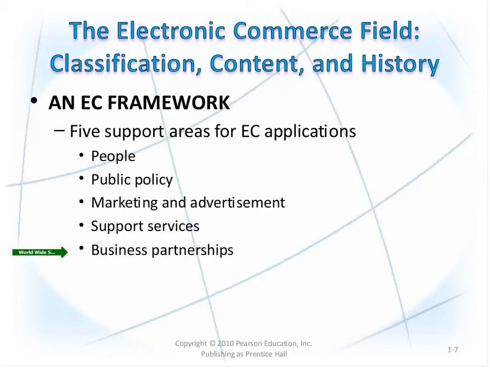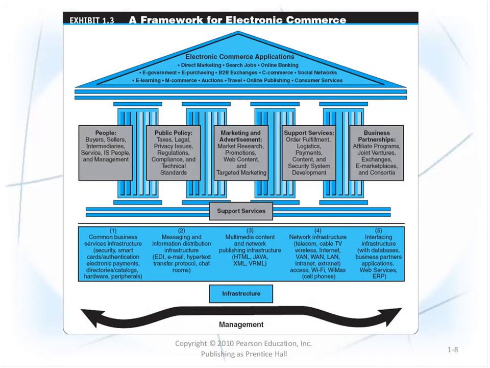It is an electronic commerce framework for the environment, to imagine the environment, with these different parties involved. Maybe some other parties are also involved, but these five are the most important.